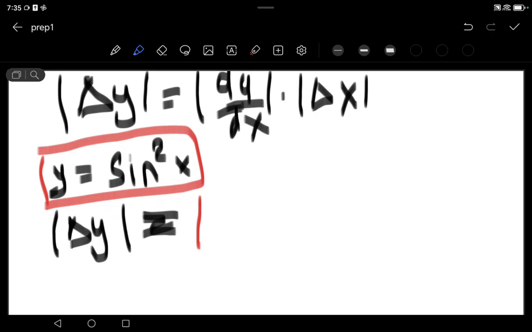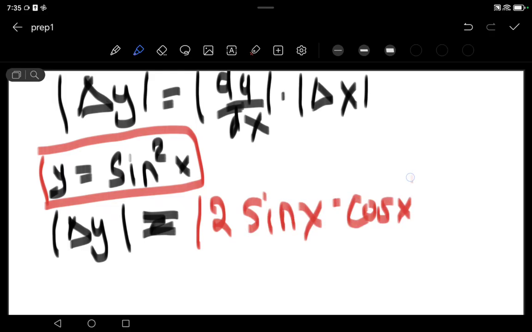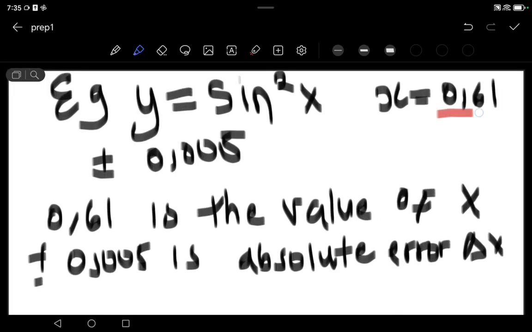It's there in the textbook. It's 2 sine x cos x. Yeah, I was getting there. So it's going to be 2 sine x times cos x, multiplied by change in x. Our change in x was 0.005, and the value of x was 0.61.